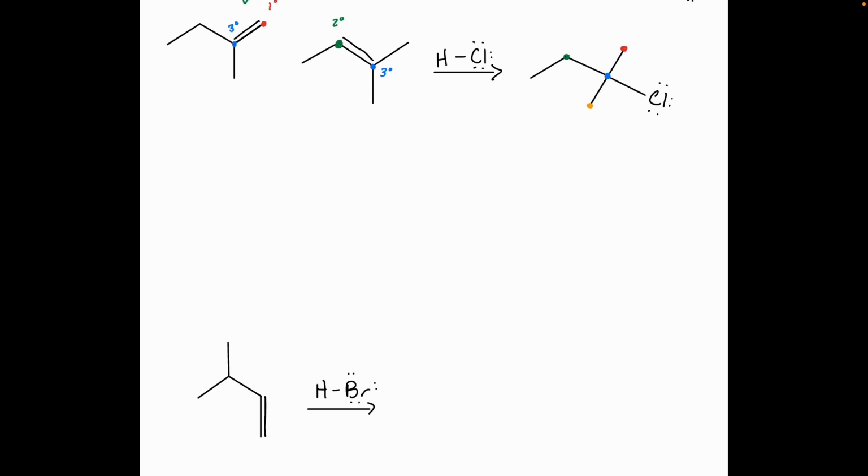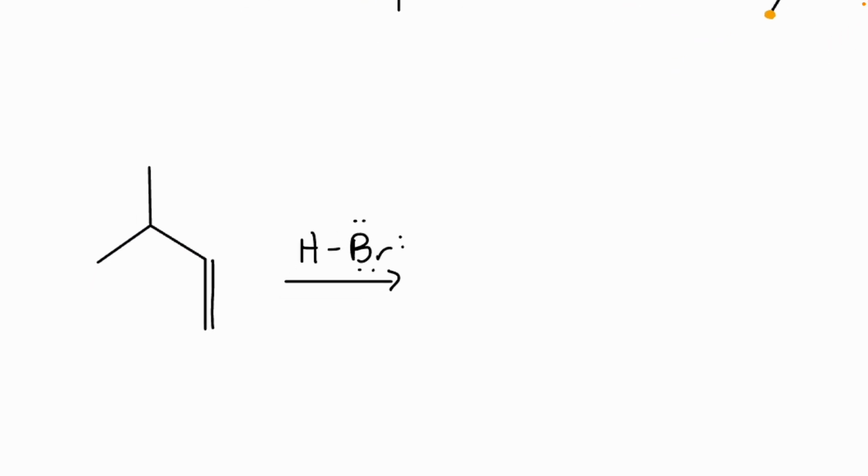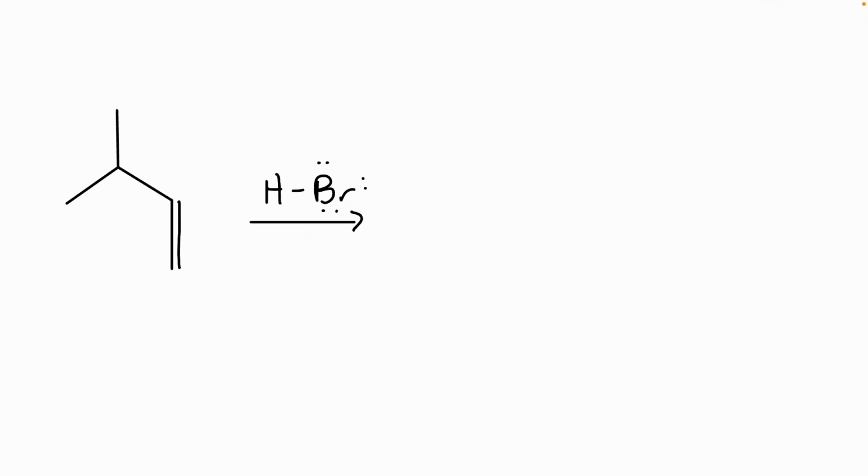All right, and then lastly, for this one here, I'm going to start out with my same carbon backbone. I'm going to put my bromine on that more substituted carbon, and I'm done.